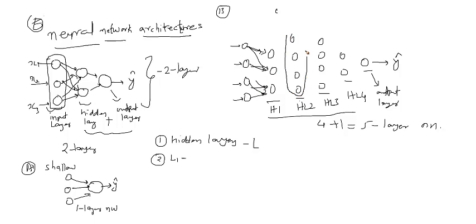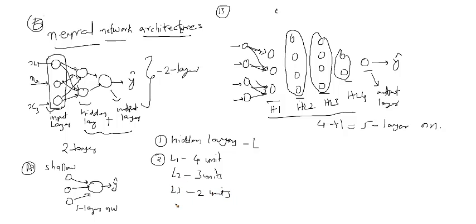This is the number of units in hidden layer 1, in hidden layer 2, in hidden layer 3, and so on. So in L1 we have 4 units or 4 perceptrons, L2 has 3 units, L3 has 2 units, and the final output layer is 1 unit.